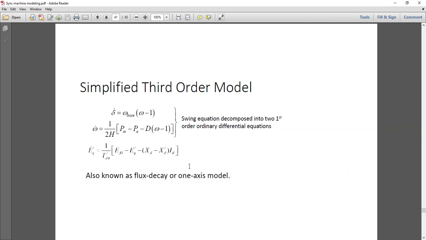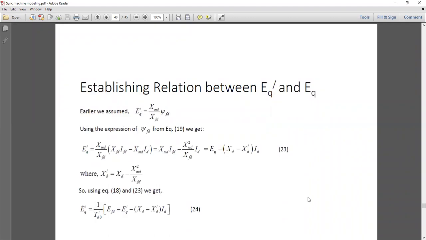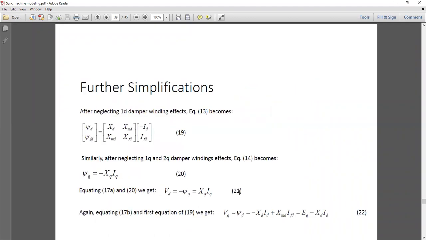After all this discussion, all these per-unit conversions, we were looking for this third state equation, or this third dynamic equation here. Of course, there are some algebraic equations along with this, and the algebraic equations are equation numbers 21 and 22: vd equals xq iq and vq equals eq minus xd id.